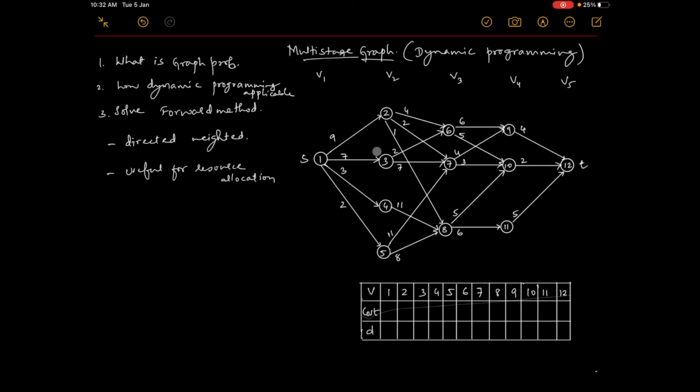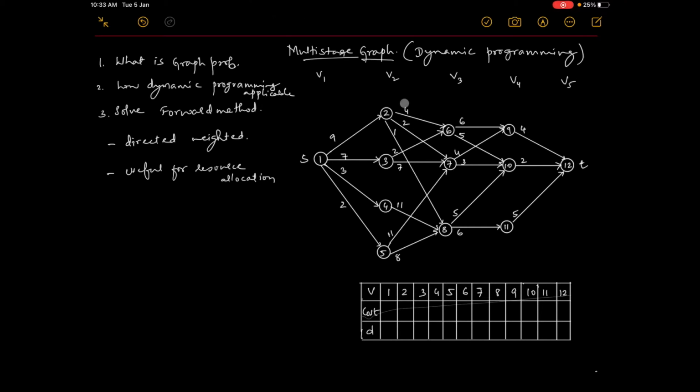You can do it by many methods, and we are using one method here. You can randomly go from 1 to 2, then from 2 to 6, 2 to 7, and 2 to 8. You choose the paths.